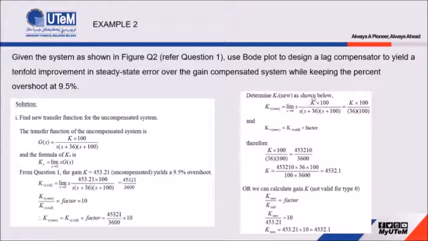In this case, we have to find the value of K. The Kv new was already calculated here, so we put the result in this equation, and from there we can calculate the value of K. This is the new value of K if we want the steady state error improved 10 times. This is only valid for system type 1.